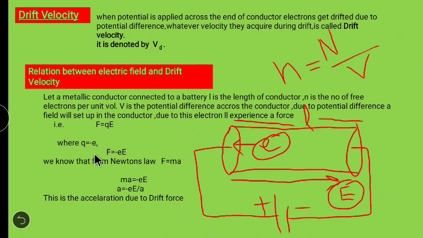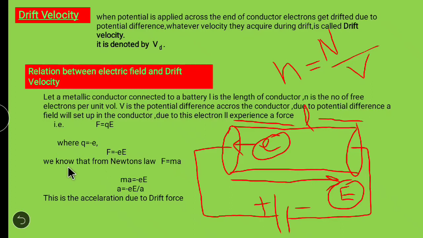So I have mentioned here small e, which you have been taught in class 10. So the force will be F equals minus eE. Why is the minus sign over here? Because the minus sign indicates that the force will be in the opposite direction of the electric field.